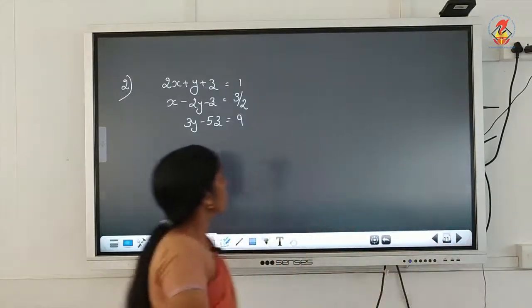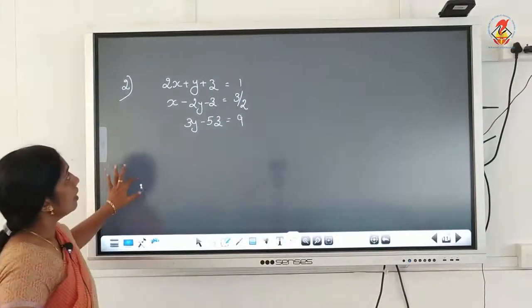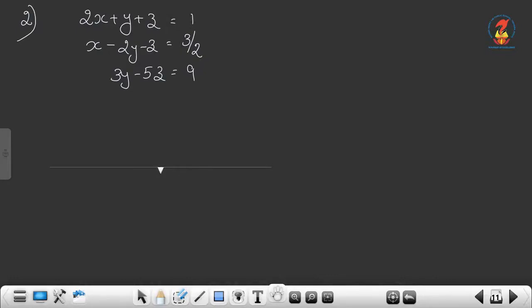Now the next question. Here we have three equations. So first we write the matrices: write the coefficients only, 2, 1, 1, 1, minus 2, minus 1.